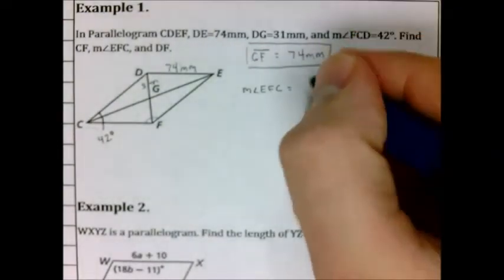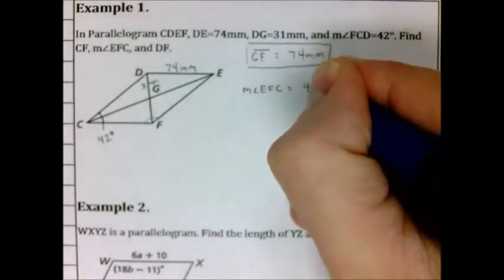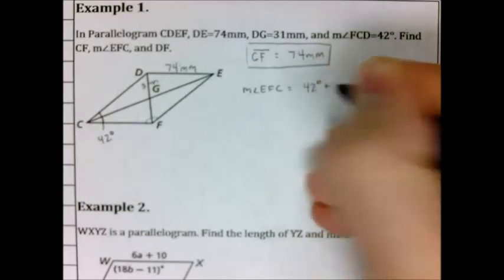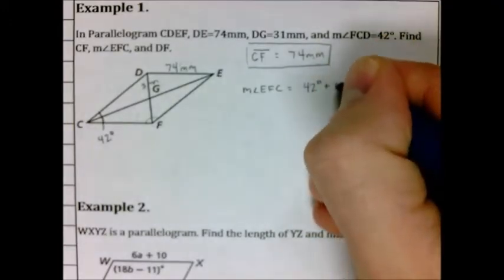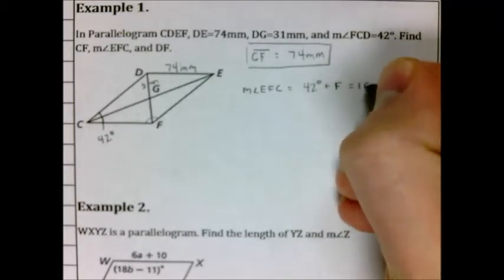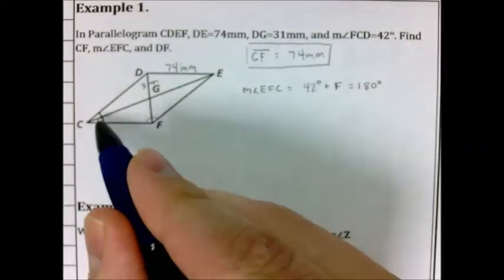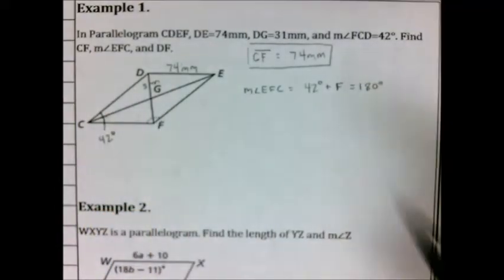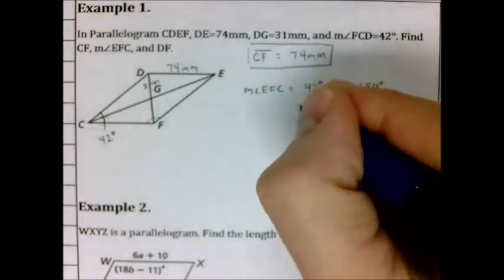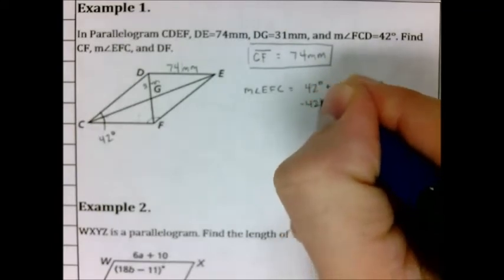Let's go ahead and write that down. We know that 42 degrees plus angle F, I'm just going to call that F, is going to be equal to 180 degrees. So these two angles added up is going to equal 180. Now it's just solving, so we're going to subtract 42 degrees from both sides.